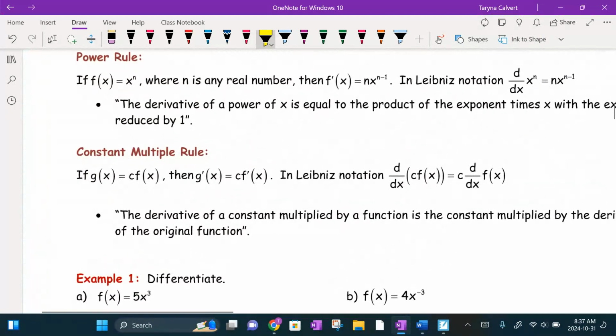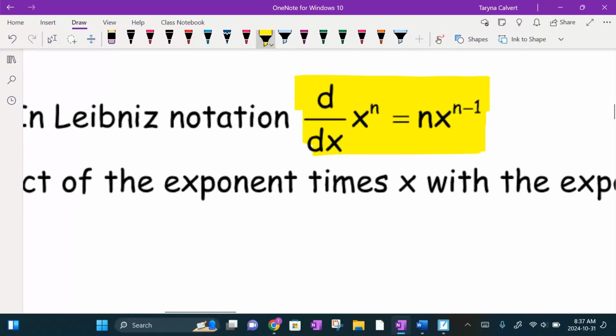If we have a function x to the power of n, our power rule states that the derivative function is the exponent can come out into the, where, what part? What is that pattern saying you guys should be able to do? Right, to the front, okay?